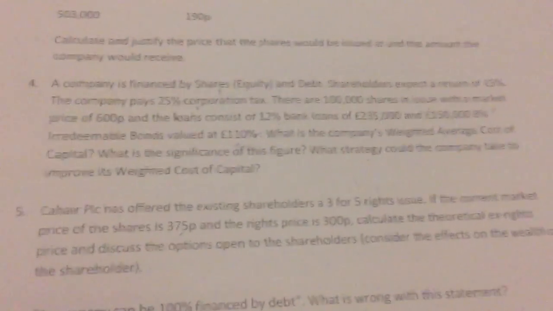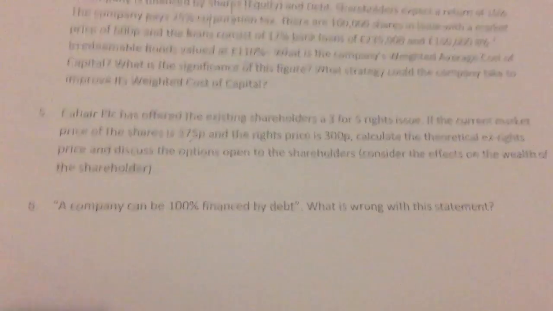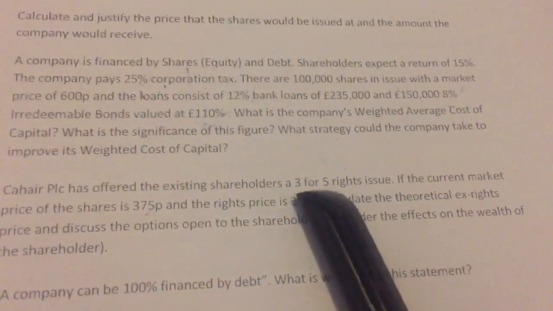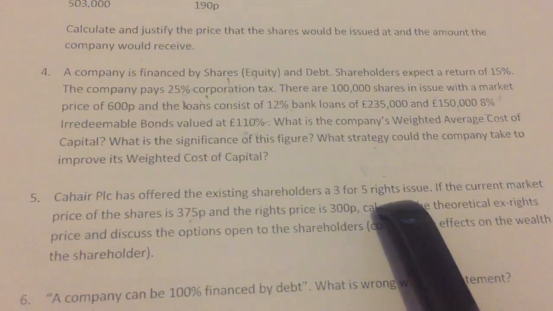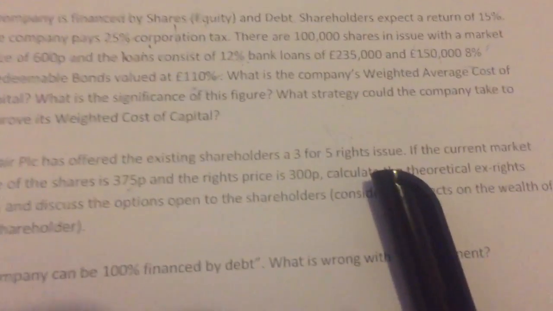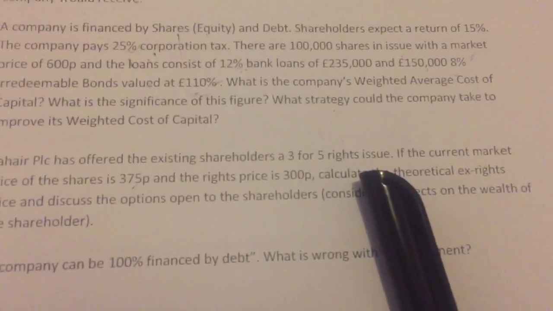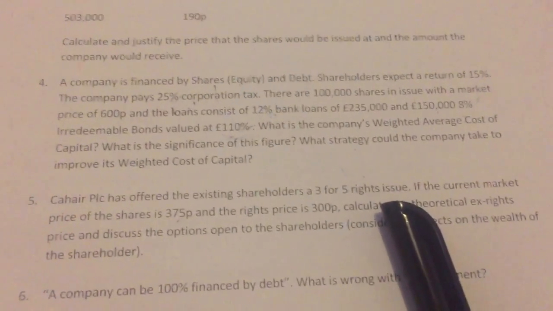Okay, so question 5 is a little bit complicated, but it's not that crazy. Care Hair PLC are offering existing shareholders a 3-for-5 rights issue, which means that if they buy 5 shares at market price, they get 3 at a discount. That's the benefit shareholders would normally get from the company.